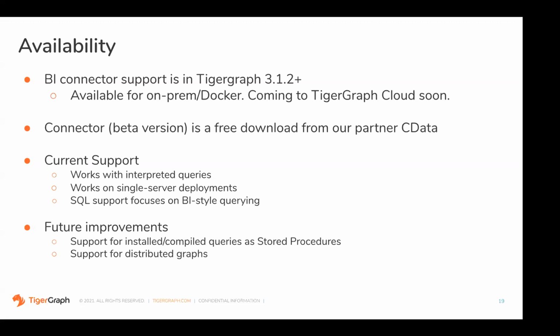So in our upcoming product versions of the database itself, so not connector updates, but product database updates, we'll have support for installed or compiled queries, which we can run in the same way that you would run SQL stored procedures. And we'll also have support for distributed graphs. We know that's a key feature for TigerGraph, that we are a distributed graph. So naturally, we want to offer that. So look for updates to TigerGraph where we'll have that further support.